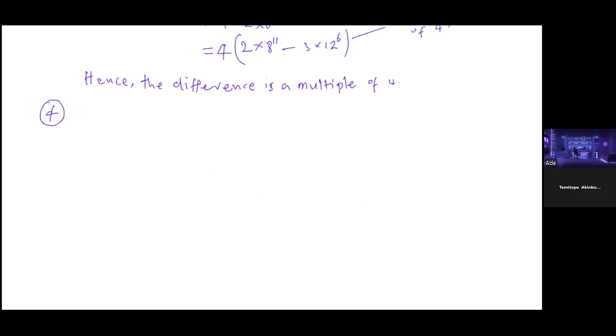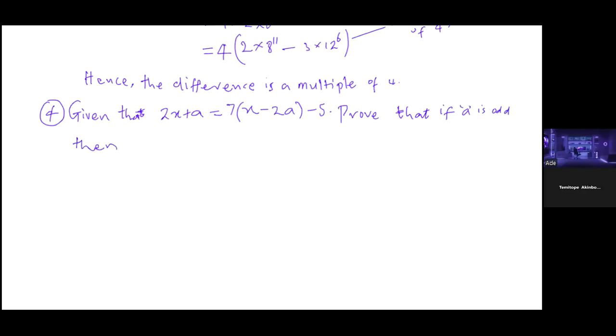I want you to try another one. This one says that, given that 2x plus a equals 7 into x minus 2a minus 5, prove that if a is odd, then x is even.